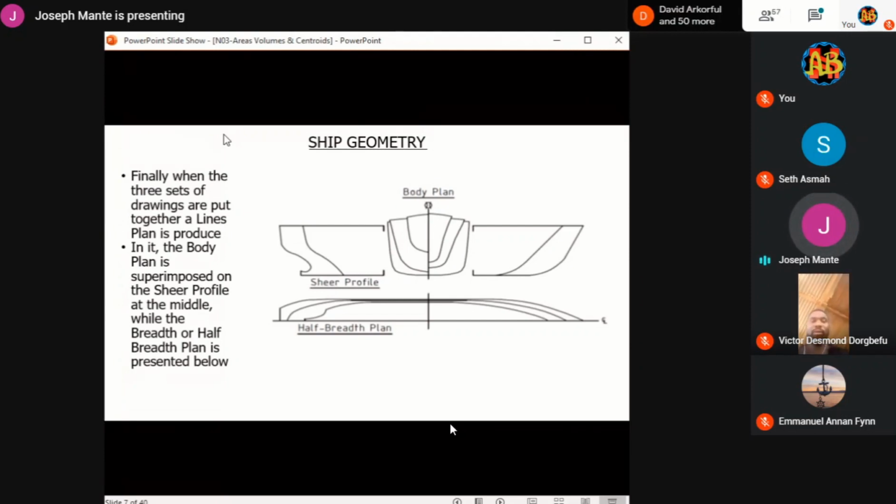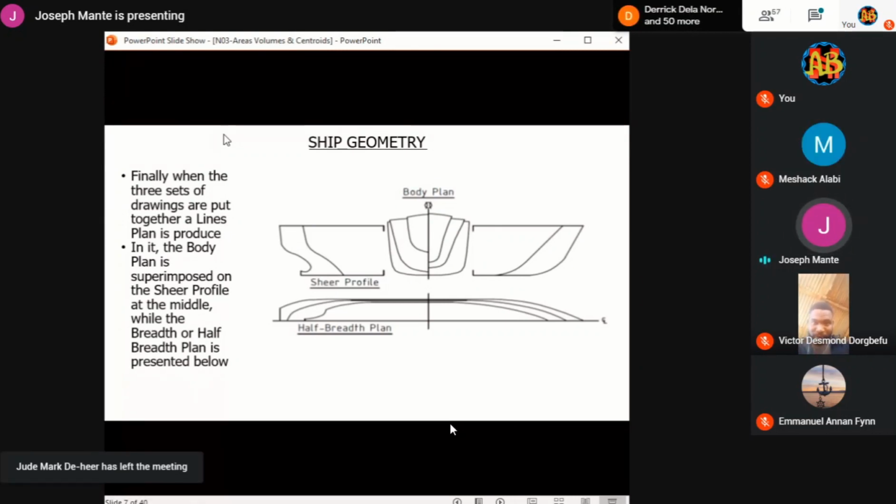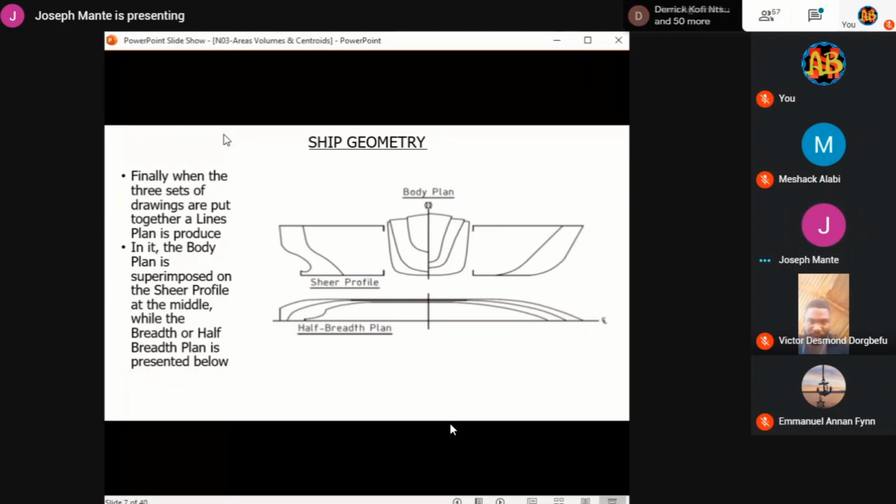So finally, when the three sets of drawings are put together, a lines plan is produced. So these are lines plan, and as a naval architect, these are the things you have to interpret, and these are the things you have to draw. In it, the body plan is superimposed on the sheer profile at the middle, while the half breadth plan is presented below.